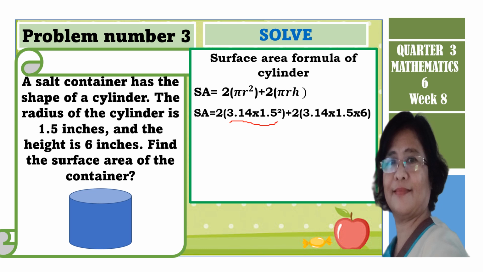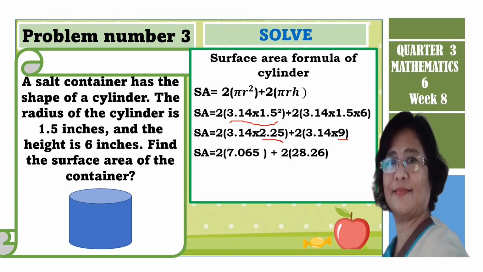We will perform the exponent first: what is 1.5 times 1.5? We have 2.25. And then here, we just multiply 1.5 by 6, and that is 9.